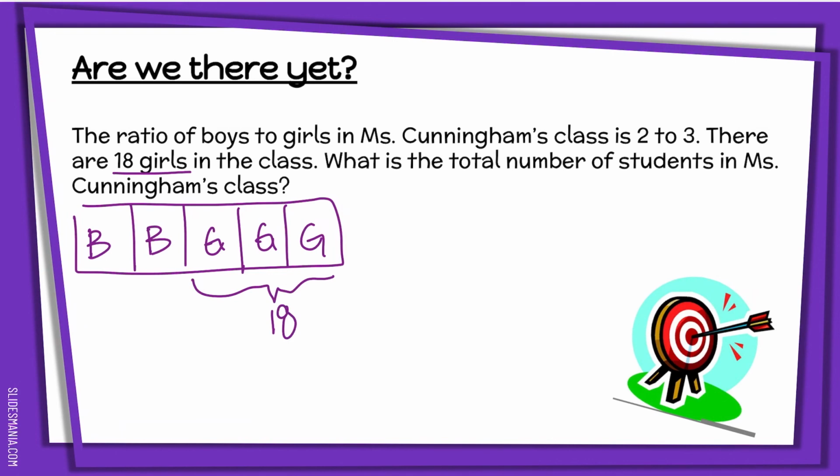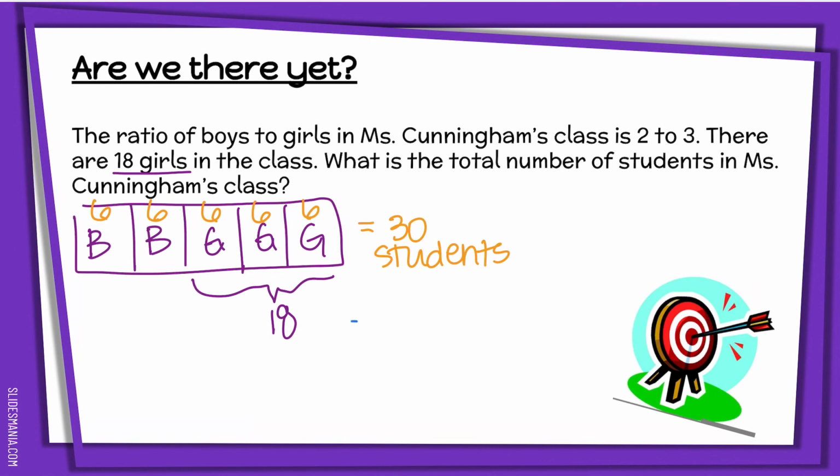So I want to share evenly or divide 18 into 3 groups. So each tile is equivalent to 6, which means each tile for the boys is also equivalent to 6. And notice we now have 5 groups of 6, which is 30. So she has 30 students in her class.